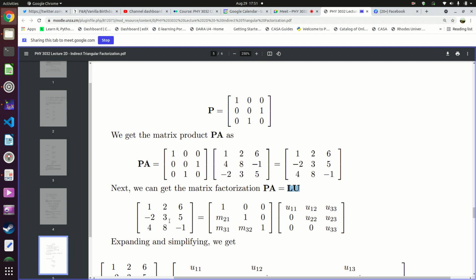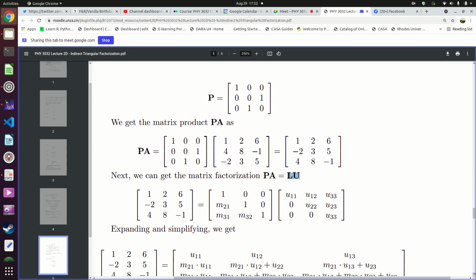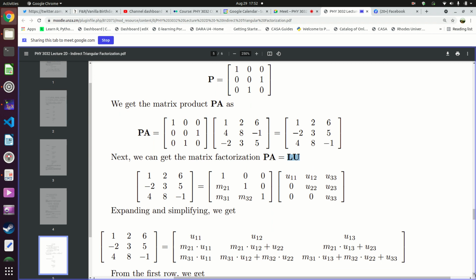We can factor this PA into a lower triangular matrix, which is going to have ones along the diagonal, then zeros above, then M21, then M31, M32 down here. Then up here we're going to have U11, U12, U13, then 0, U22, U23, then 0, 0, U33.